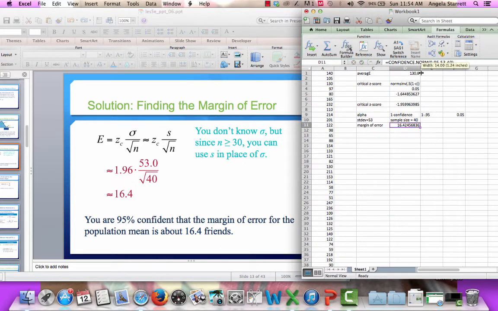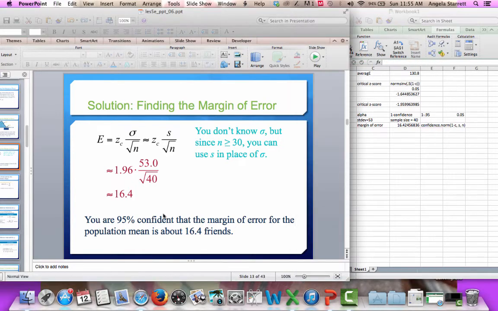That is what we plug in to our formula to get the margin of error. This is going to be confidence.norm, and this is all in the notes in a little bit: alpha, which is 1 minus the confidence, the sample standard deviation, and our sample size. That's all there is to it.